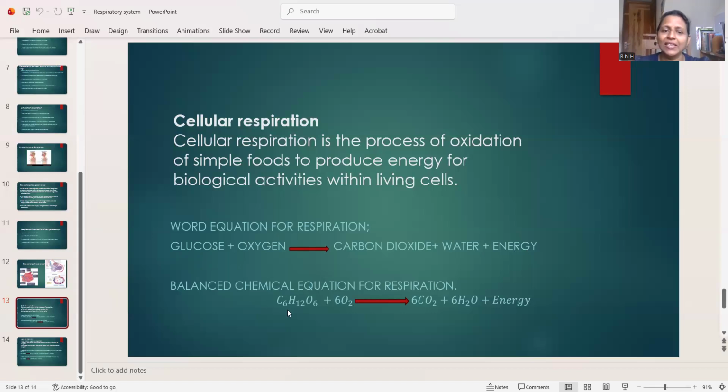So you can see here C6H12O6 plus 6O2 gives 6CO2 plus 6H2O plus energy. So those are the respiratory reactions that occur in our body cells. This reaction occurs in the mitochondria inside the cell.